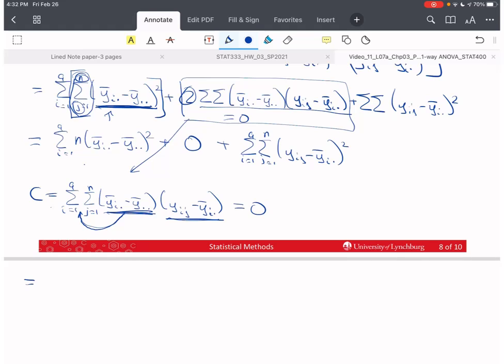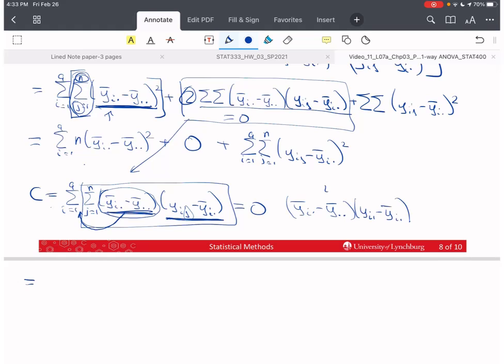So for this inner summation here, for every term, we're going to have this quantity multiplied by a different quantity here because this will be a different j. In other words, we'd have yi dot bar minus y dot bar times yi1 minus yi dot bar.